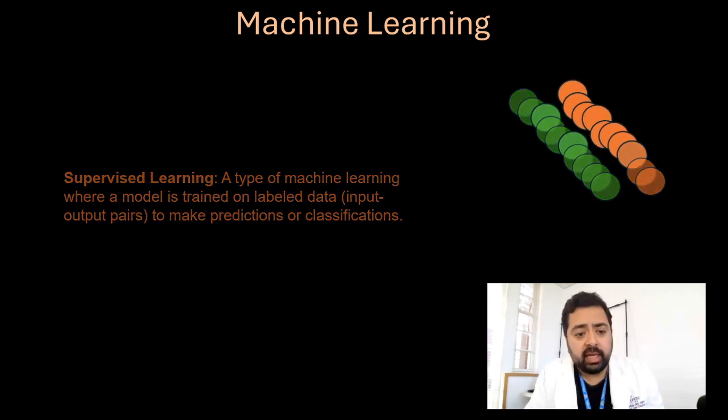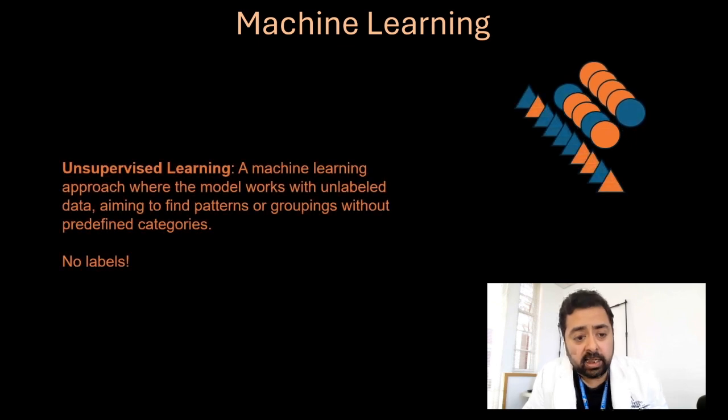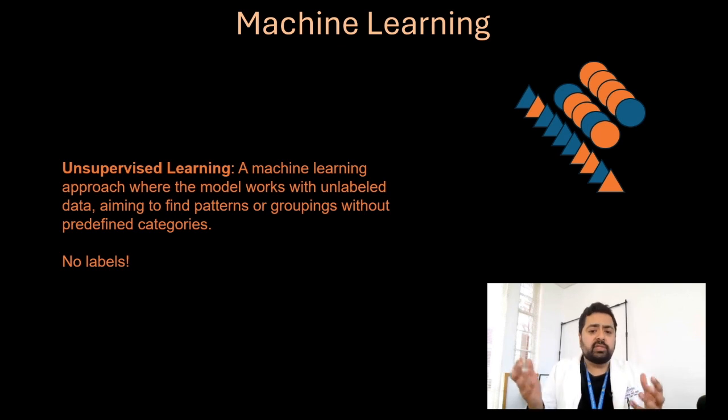On the flip side, there's unsupervised learning. In this one, I have a bunch of data, and this is a different data set. I have some circles, some triangles, two different colors, and I'm not going to tell the algorithm what I want to sort it out into. I'm just going to let it figure out what to sort it into, and that's unsupervised learning.